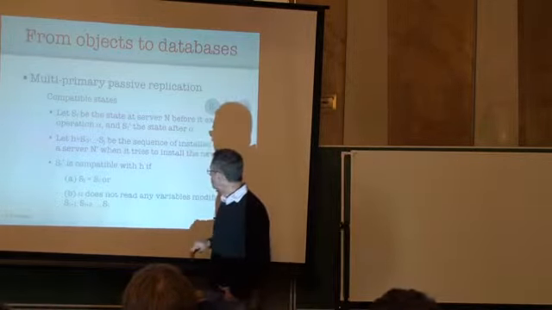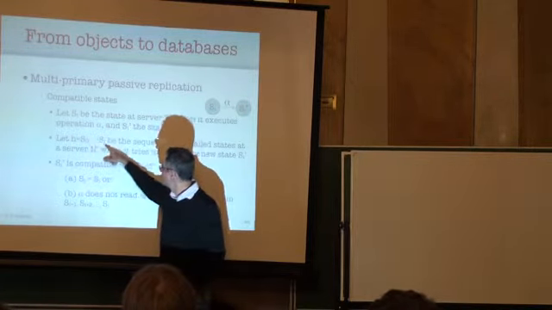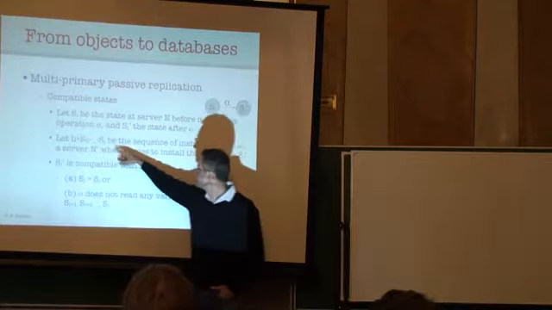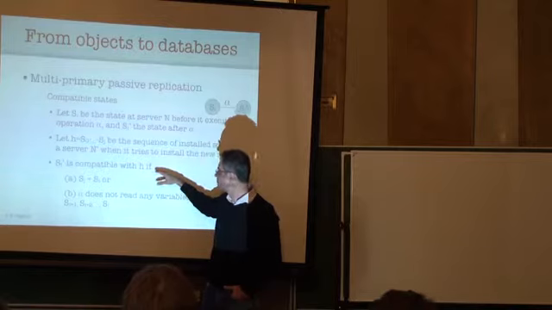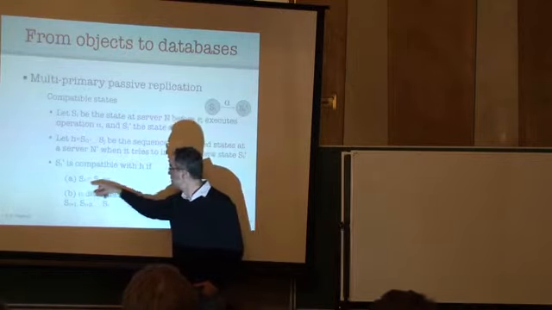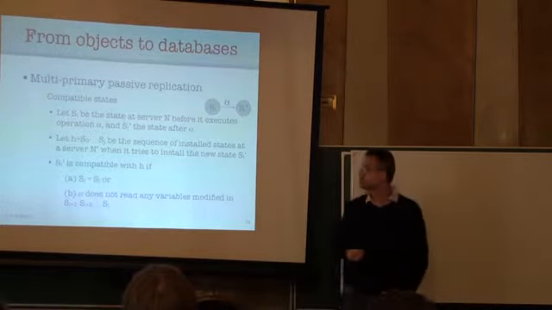First, the last state in my history H is Sj. Okay, so the sequence of states where the last state is Sj. So SI prime is compatible with H if the last state in the history is the state that precedes SI prime.